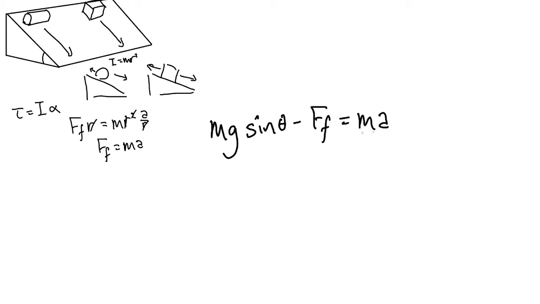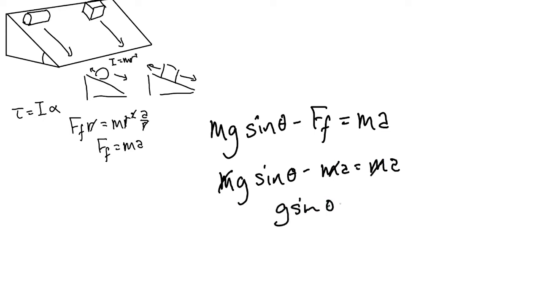This is our net mass, and this is our net acceleration. This is going to be equal to mg sine theta minus ma, and it's going to give us ma. Cross out all the mass. g sine theta is equal to 2a. So we can say that our acceleration is going to be g sine theta over 2, right?